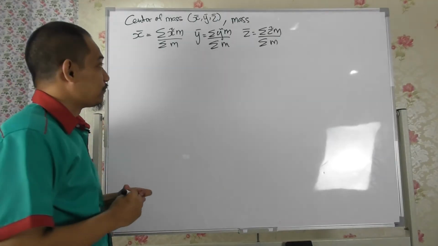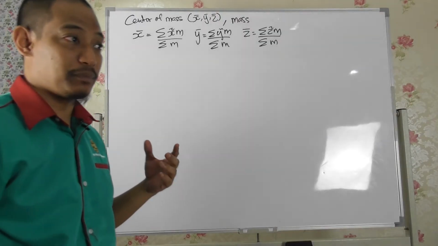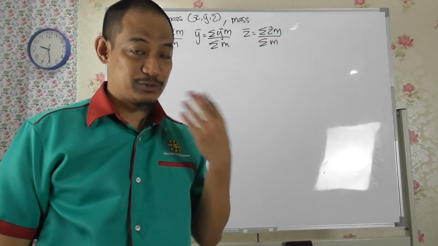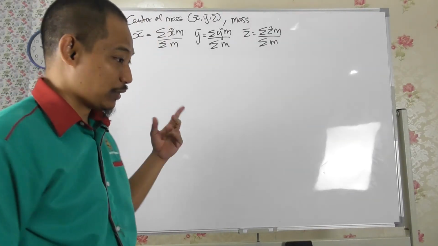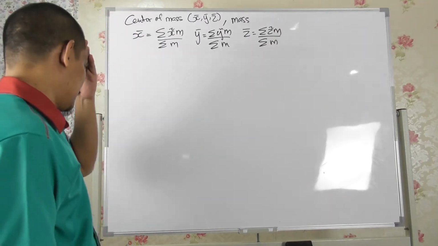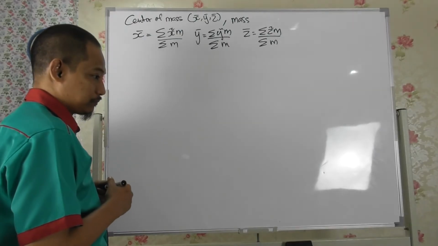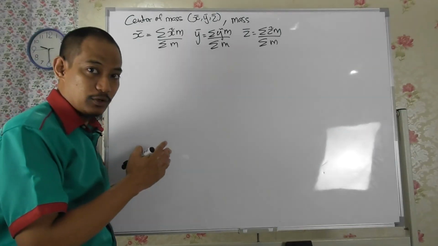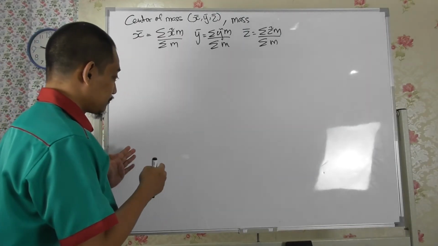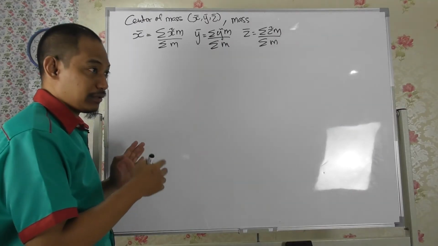So from there you can see that we need more columns than the first question, because we have x, y, and z, right? And in terms of the mass, if I calculate the mass in the column, the column will be quite wide.